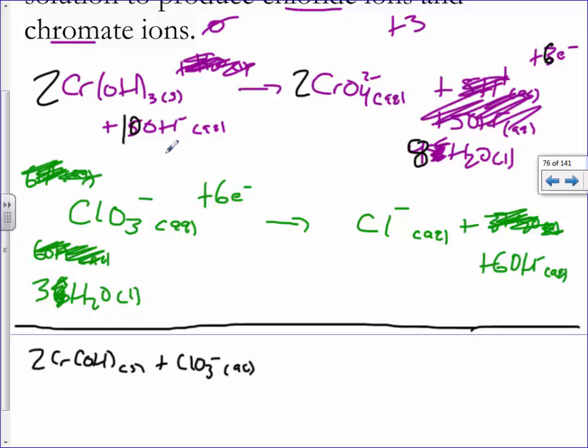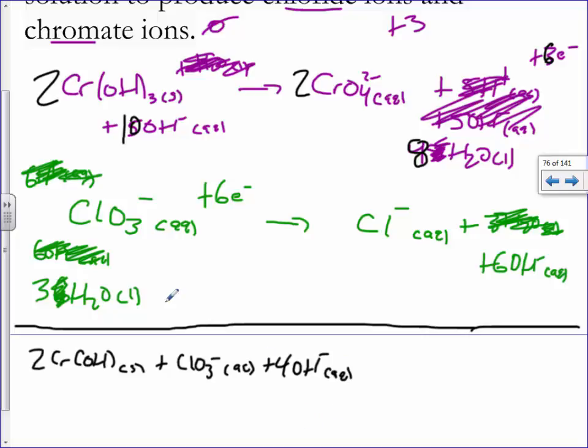Okay, there's 10 hydroxides here, but there's 6 on the other side. Everybody see that? 10 hydroxides over here, but 6 on the other side. So we're going to need 4 hydroxides as a reactant.